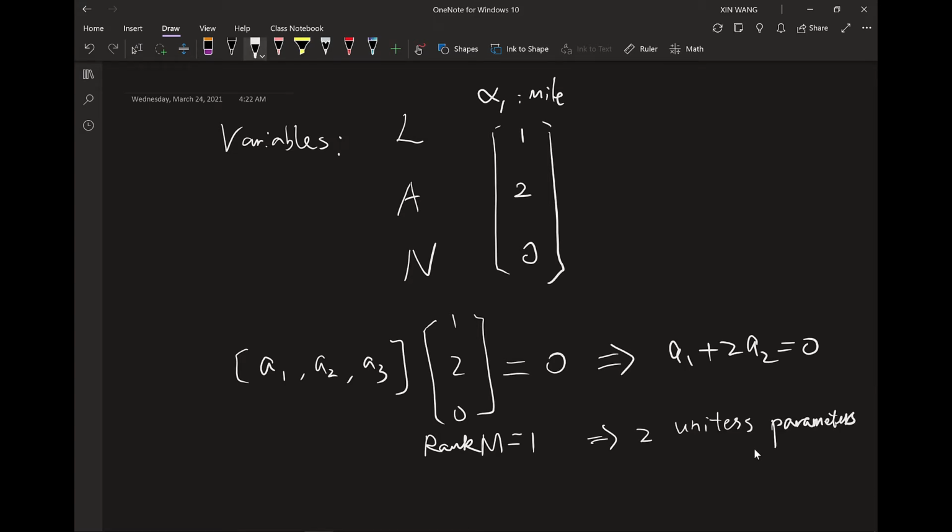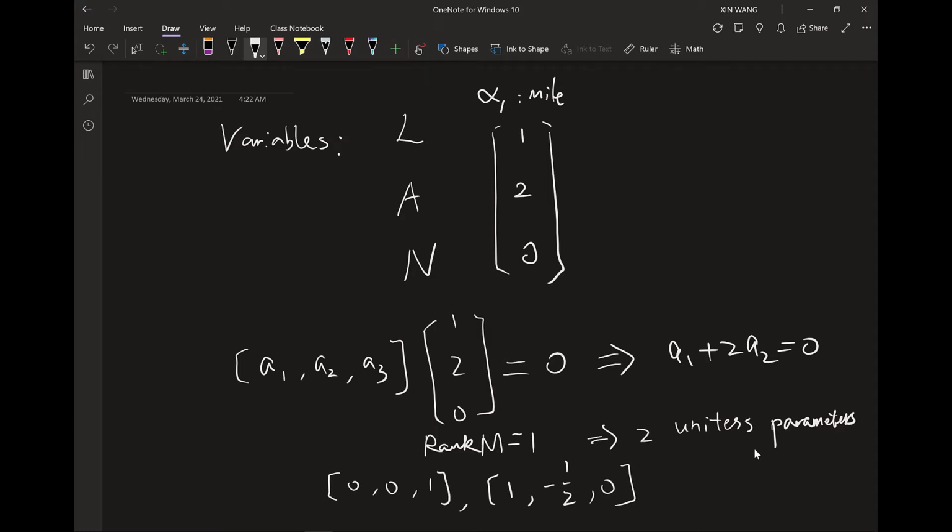So we can pick one solution as 0, 0, 1, which indicates that A3 is 1 dimension. And then from A1 plus 2 A2 equals 0, we can have A1 is 1 and A2 is minus a half, and then 0. So we created 2 unitless parameters.